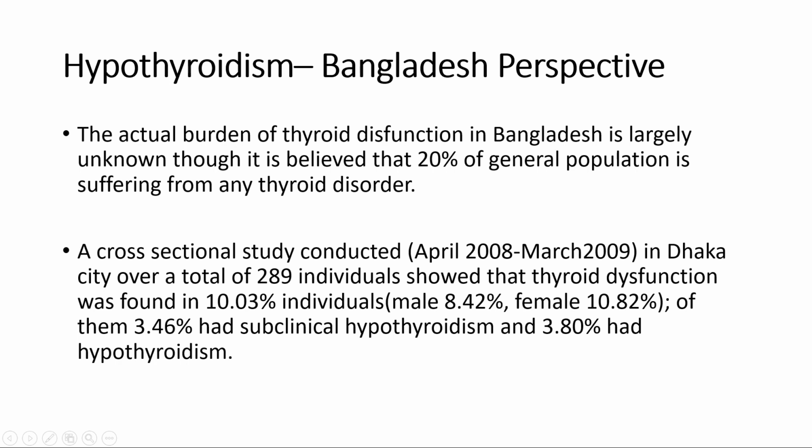A cross-sectional study conducted from April 2008 to March 2009 in Dhaka city over a total of 289 individuals showed that thyroid dysfunction was found in 10.03% of individuals. Of them, 3.46% had subclinical hypothyroidism and 3.8% had hypothyroidism.